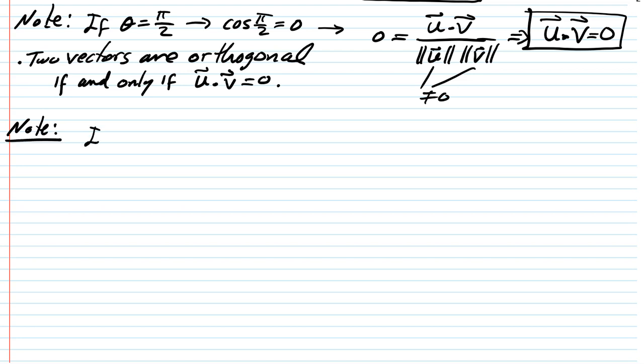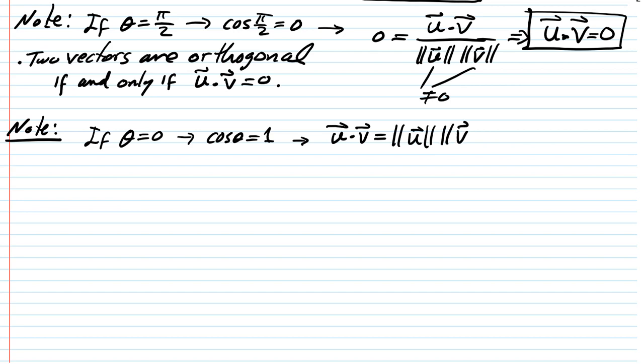Okay. Now, the other note to make here, that was about orthogonality. What if the measure of angle theta is 0 or pi? Well, if theta is 0, that means cosine theta is 1, because cosine of 0 is 1. In that case, the dot product is simply going to be the magnitude of u times the magnitude of v.